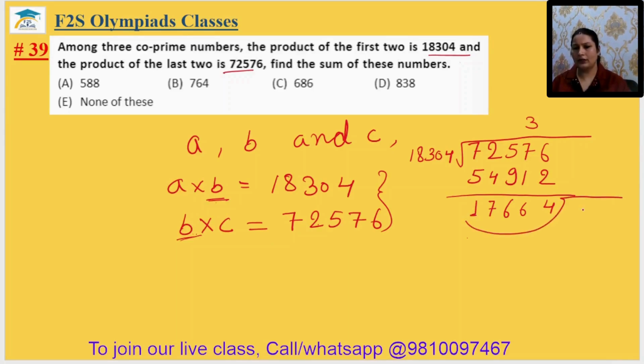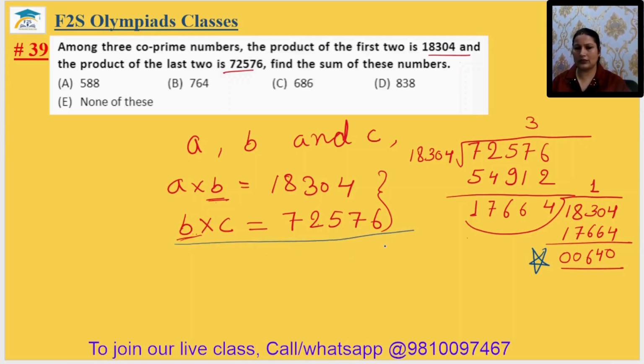Divide by 18304. So ones are 17664. 4 minus 4, 0. 10 minus 6, 4. 12 minus 6, 6. Now 0, 0. I am taking this division here.